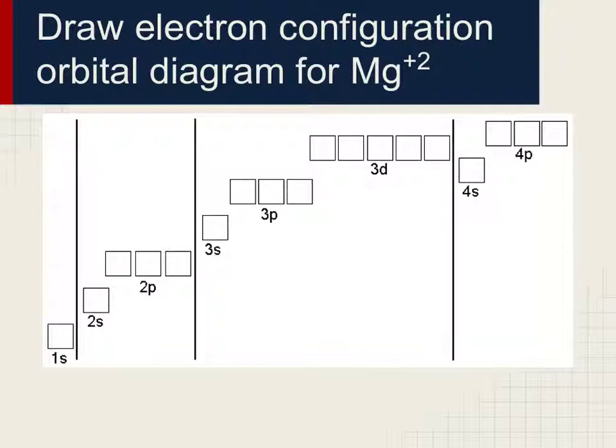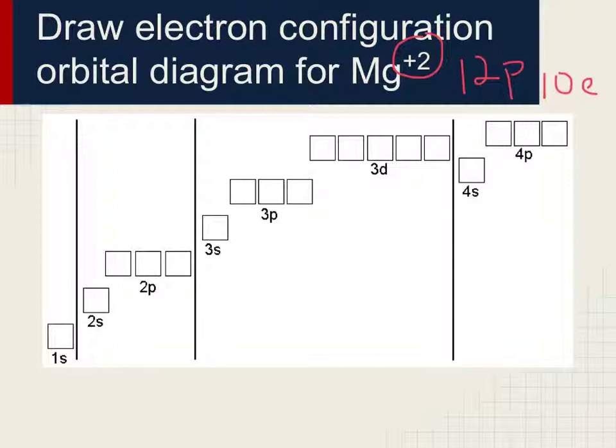A magnesium ion has a +2 charge, and if we recall carefully, a +2 charge means that it has 2 more positive charges, but it's still magnesium, and magnesium will always have 12 protons. If it has 2 more protons than electrons, that tells us that a magnesium ion has actually 10 electrons.